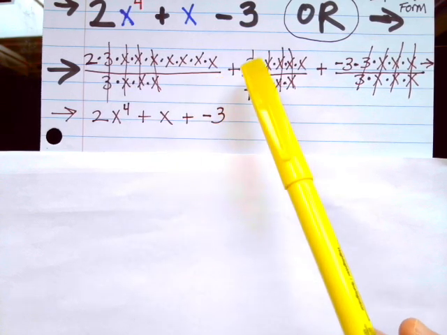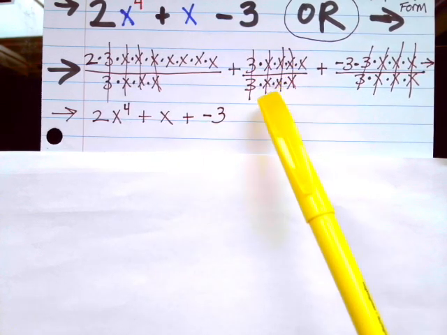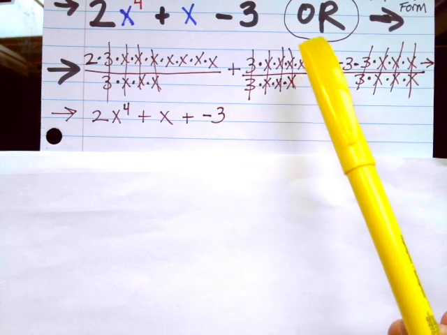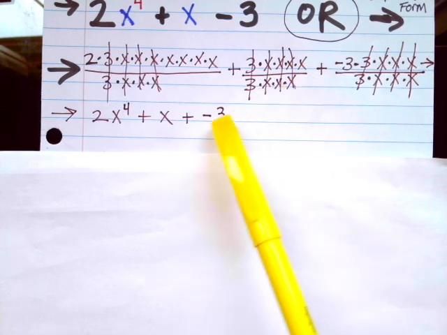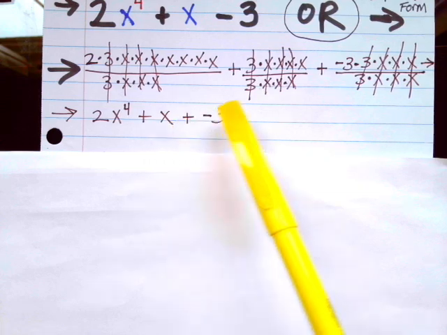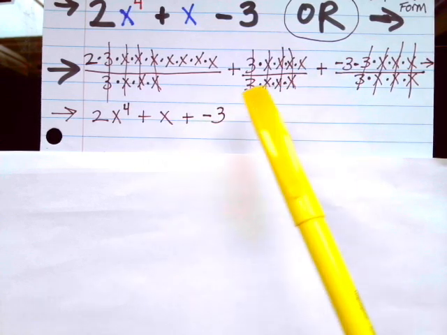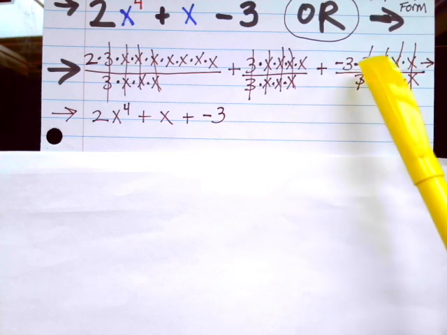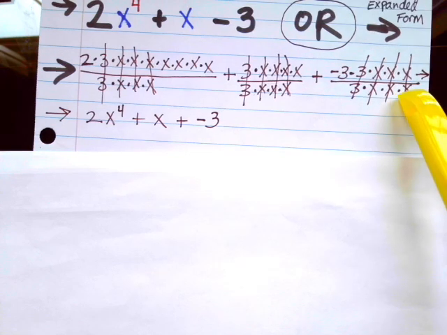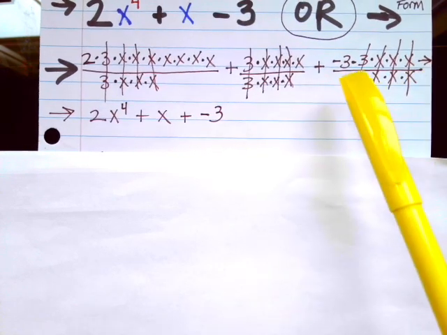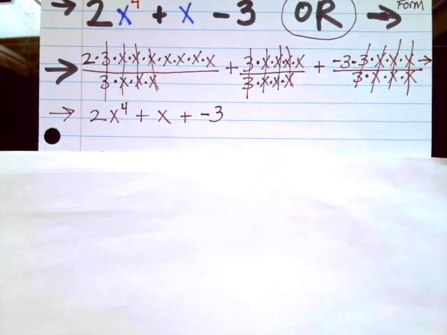Plus, 3 over 3 is canceled, x over x is canceled, x over x is canceled. I'm only left with 1x that's positive, so I have a positive x. Plus, that's that plus sign I said you could add anywhere. Doesn't change the terms. You have 3 over 3 is 1, x over x is 1, x over x is 1, excuse me. What am I left with? I'm left with a negative 3 value.